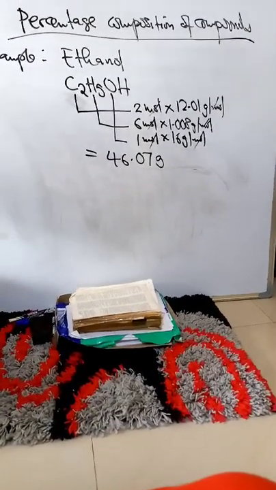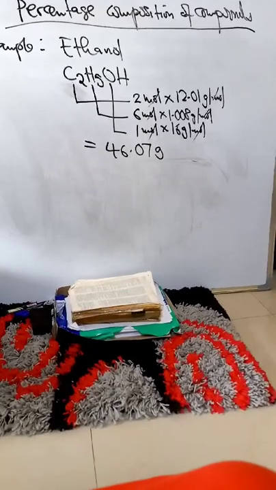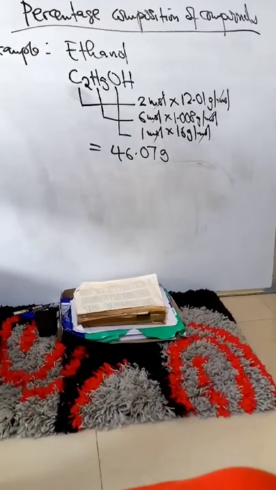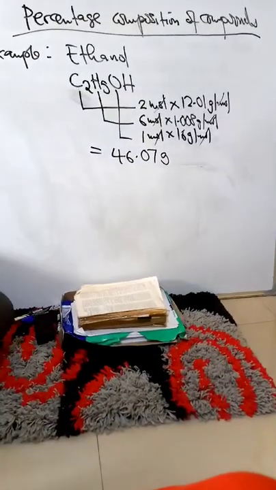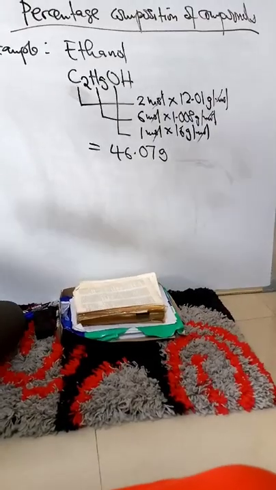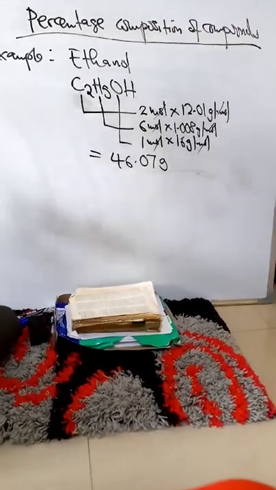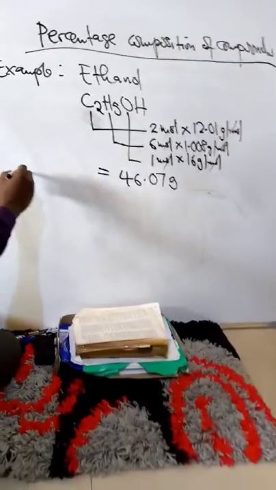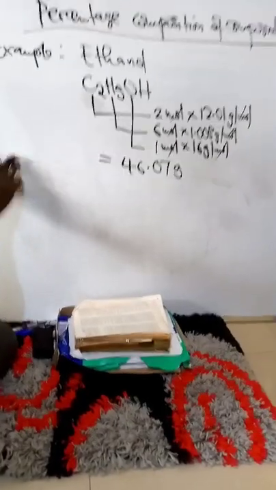So that is the mass of ethanol. Then now we need to calculate the mass of each element in this compound. We can start with carbon. So now we'll say percent mass of carbon.